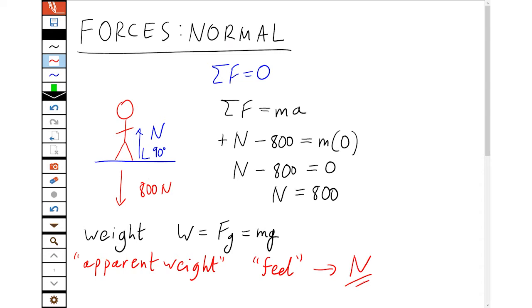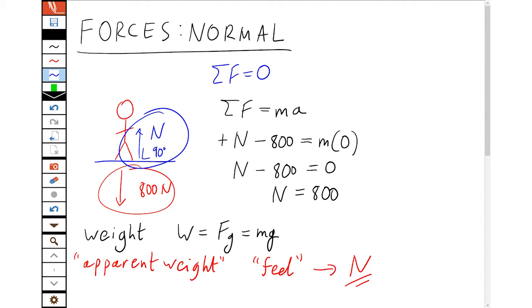The reason being, your body can't actually feel its own weight force acting down. Your body, as an instrument, can only really feel things that happen to it or that are done to it. So it feels the normal force pressing up on it. And because that's usually equal to your weight, over time we've learned to associate that with weight.